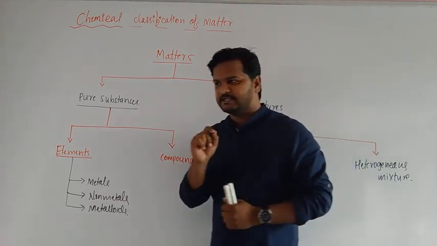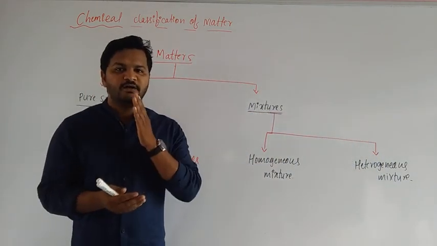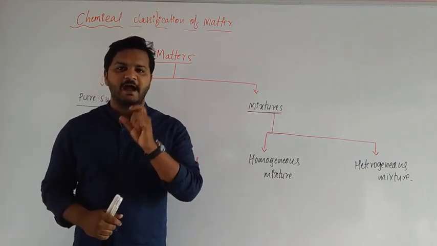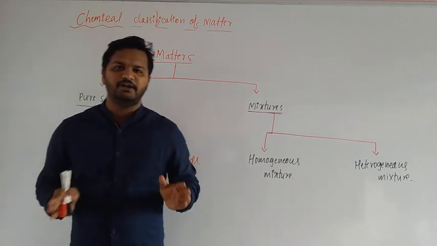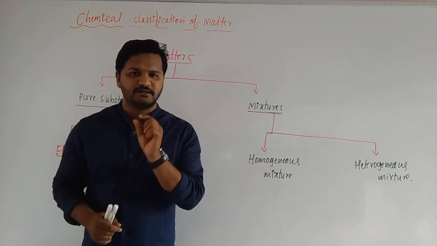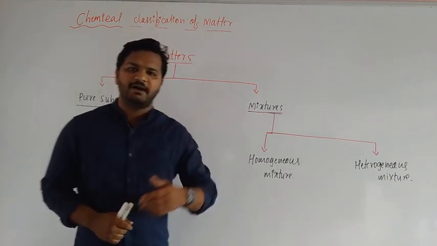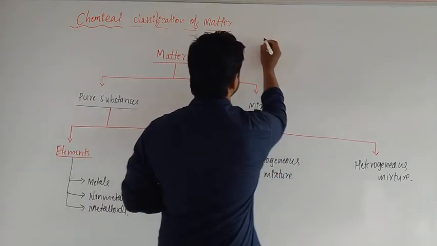Atom means which cannot be divided further. We cannot divide it for any reason. Such substances we call atom. Okay, the substance which cannot be divided further, and it is a tiny particle, very small particle, and it can take part in a chemical reaction. I will write here atom.